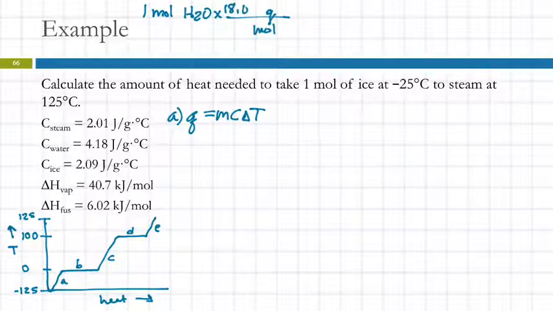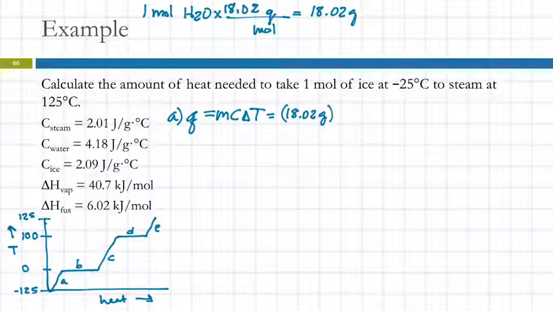So you can figure out the molar mass of water. And the math there is very challenging. 18.02 grams, right? So we've got 18.02 grams.